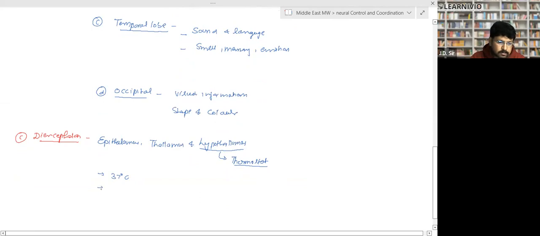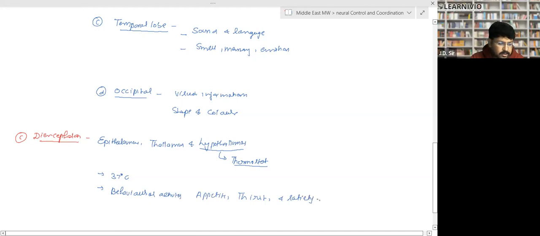Next point. It is associated with behavioral activities, that is appetite, thirst, and satiety.